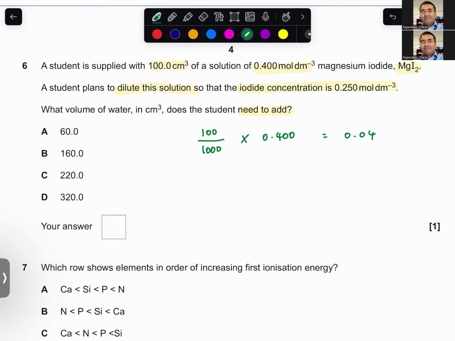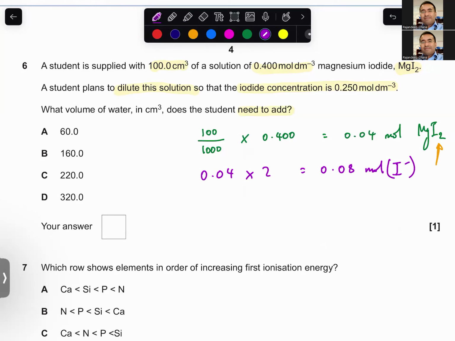Yep, 0.04 moles of MgI2. Now the moles of iodide ions in there will be double that, because you've got 2 moles of iodide ions per mole of magnesium iodide. So we will multiply that by 2. 0.04 multiplied by 2 is 0.08 moles of iodide ions.